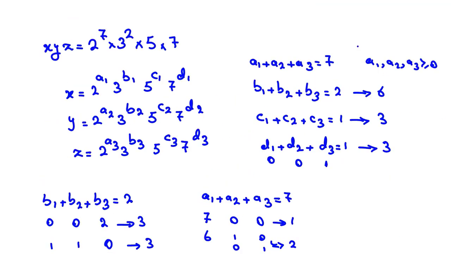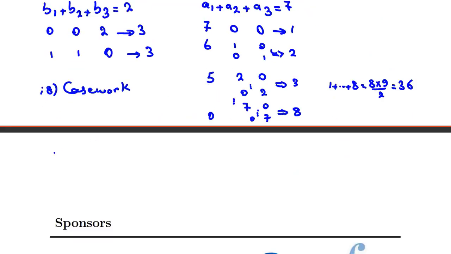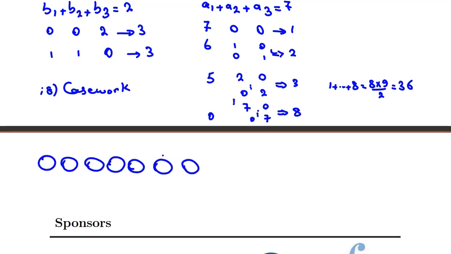There's my 36. But let me tell you another way. Here you say, okay, a1, a2, a3 should sum to 7. 1, 2, 3, 4, 5, 6, 7. We should have two dividers to create this split. So here, here. For example, this one is a1, this one a2, this one a3.